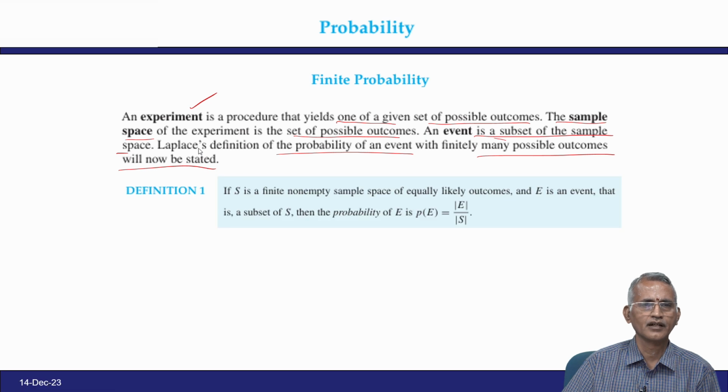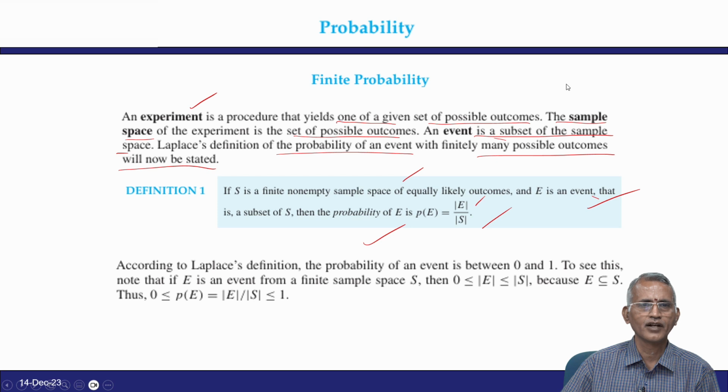Let us start with the definition of probability: if S is a finite non-empty space of equally likely outcomes and E is an event that is a subset of S, then the probability of E is P of E equal to the number of possibilities in E by the total number of outcomes in S.